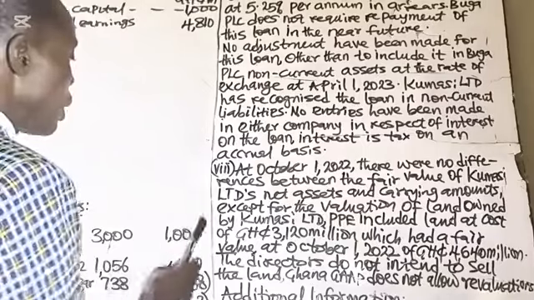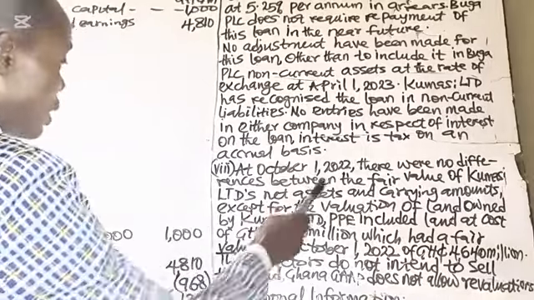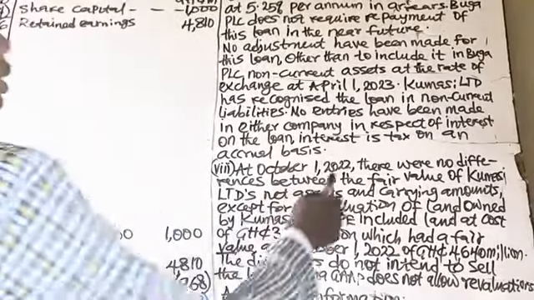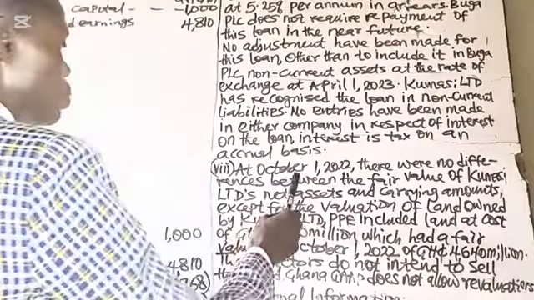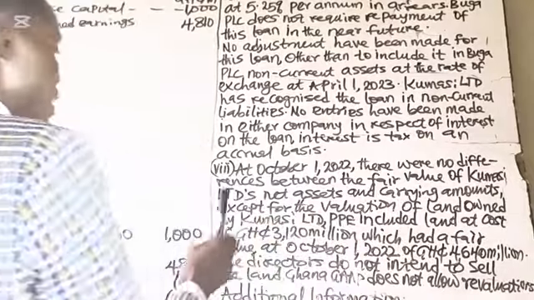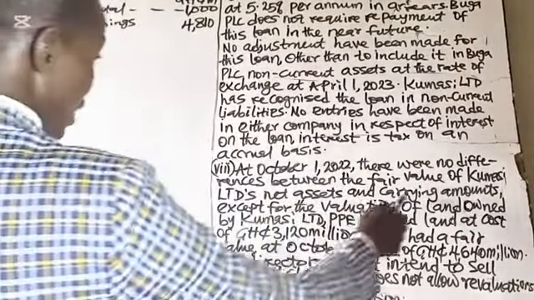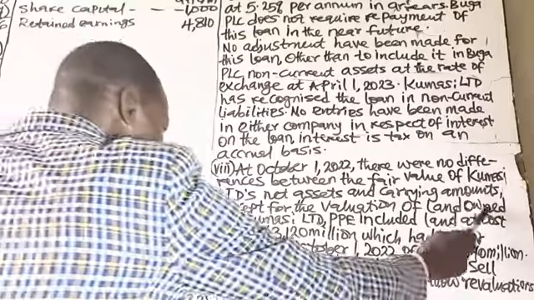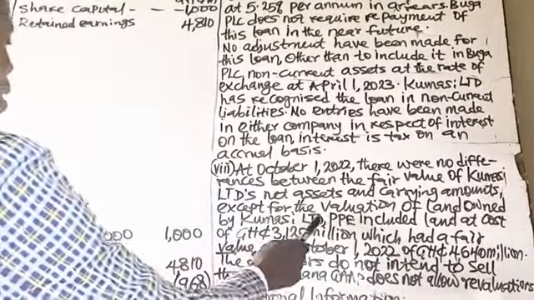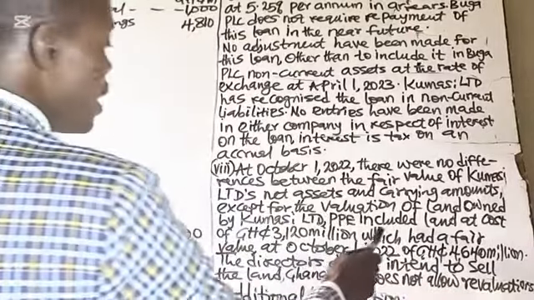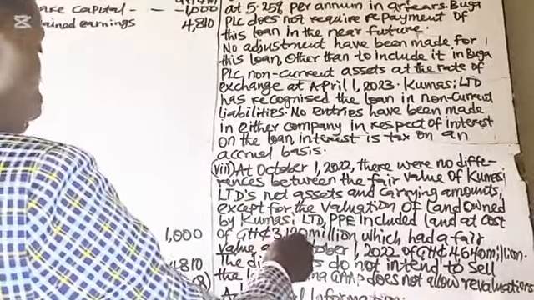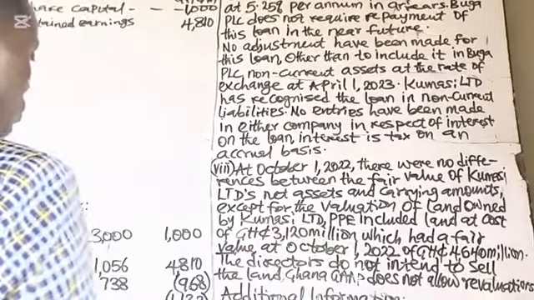Now let's go to note 8. In note 8, you were told at October 1st, 2022, which is the same as the date of acquisition, there were no differences between the fair value of Kumasi Limited net assets and the carrying amounts, except for the valuation of land owned by Kumasi Limited. PPE included land at cost of 3,120 billion.